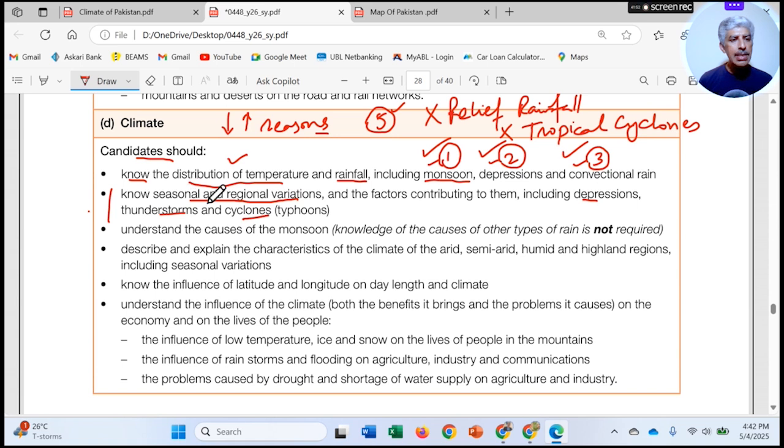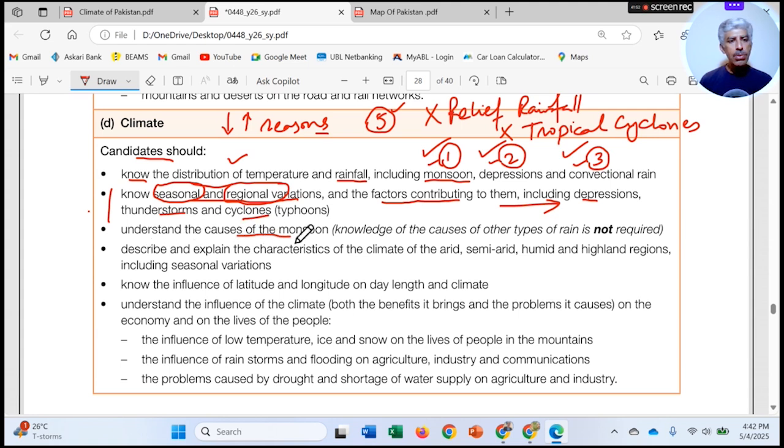The students must know the seasonal and regional variation, that the changes occur because of the seasons, and the changes occur because of the different regions of Pakistan, and the factors contributing to them: what leads to them, if something is happening, why it is happening, what are the effects and the consequences of that happening. So all these they must know.